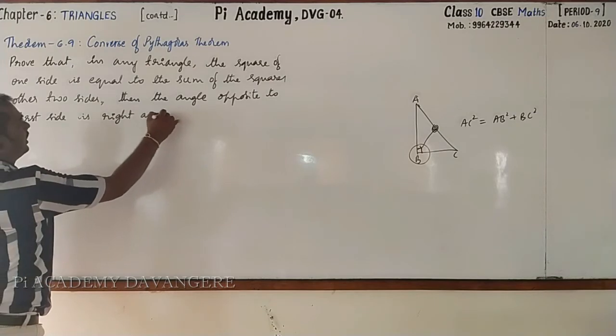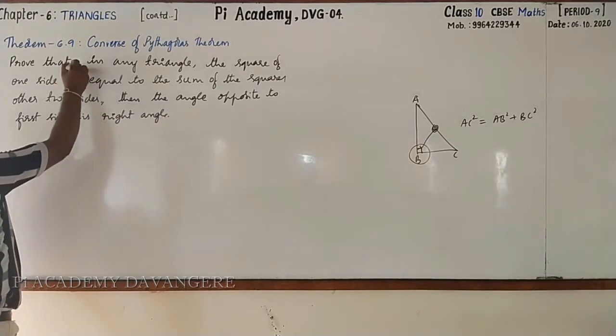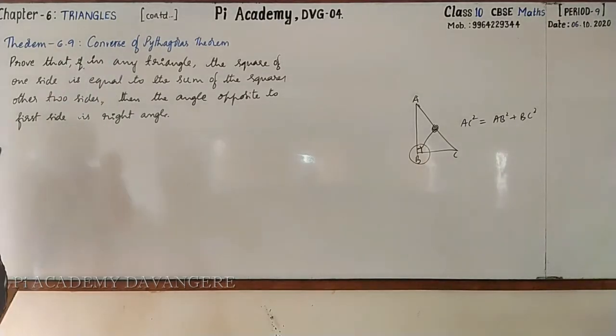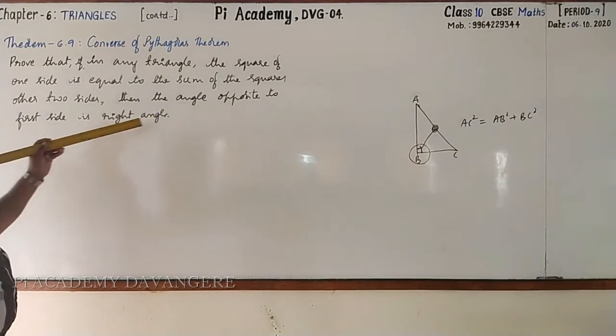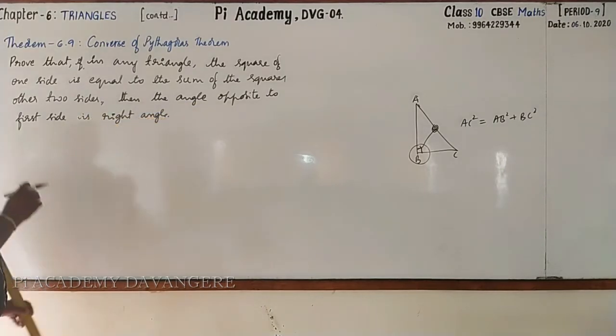So here just write: if in any triangle the square of one side is equal to the sum of squares of other 2 sides, then the angle opposite to first side is right angle.